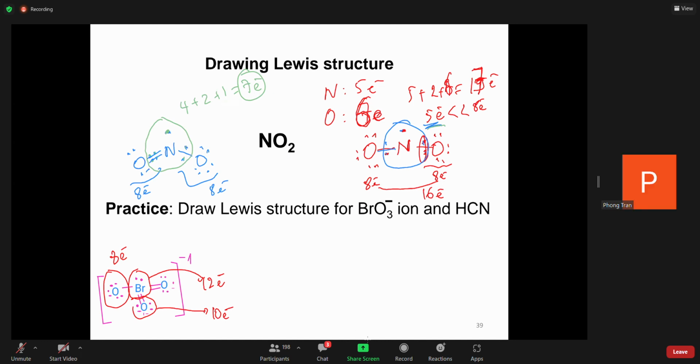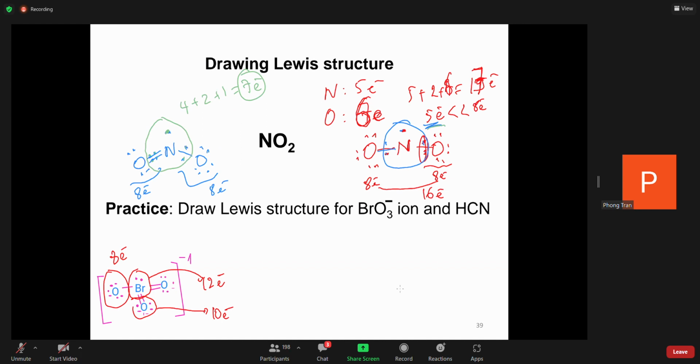So basically, you need to satisfy 8 electrons. But when you have an odd number, whatever you do, you cannot reach 8 electrons. It belongs to an exception case. So what you can try to do is make the number of electrons in the central atom closer to 8. Here you have 2 possibilities. You have NO2 with single bonds: the nitrogen in the center will have only 5 electrons, quite far from 8.